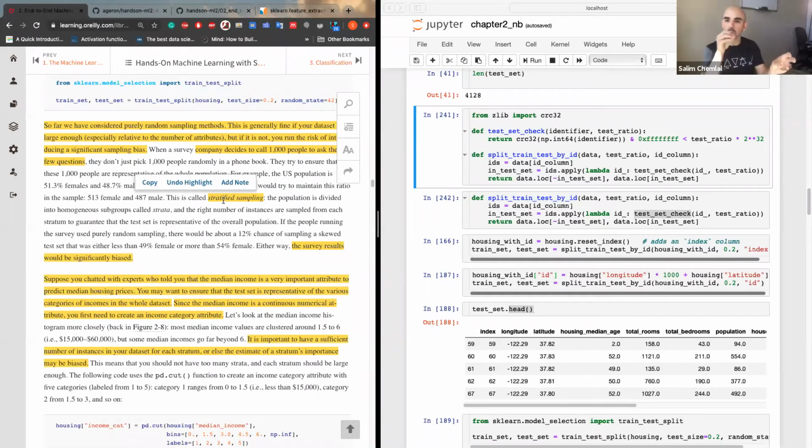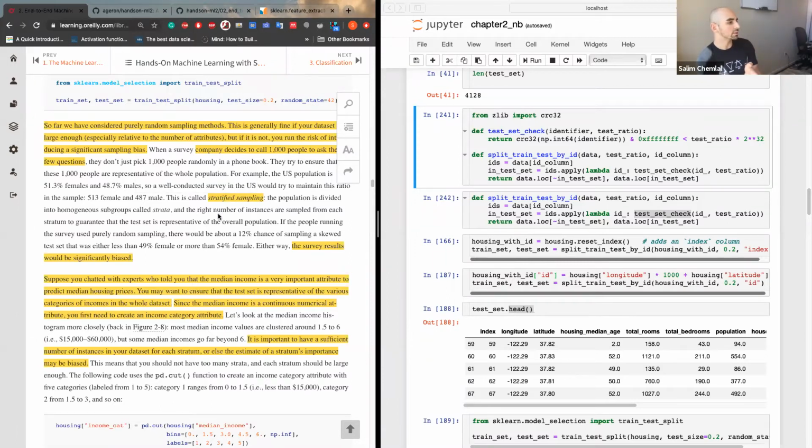Then you sample from those groups, for example on average about the same from each group. That way you have a good representation of the overall data set. That's stratified sampling. Here he follows that with an example.